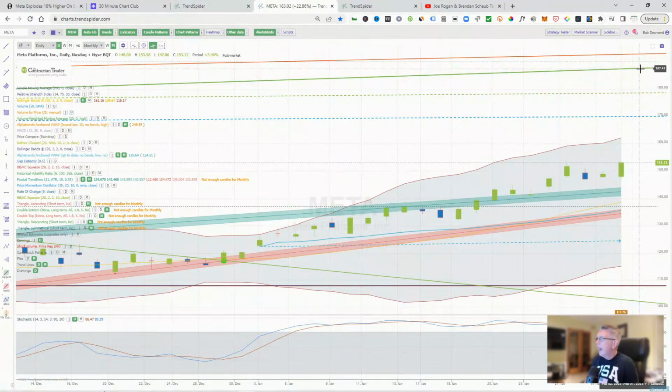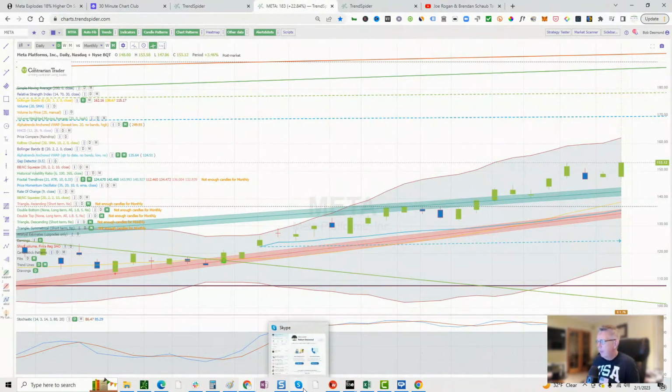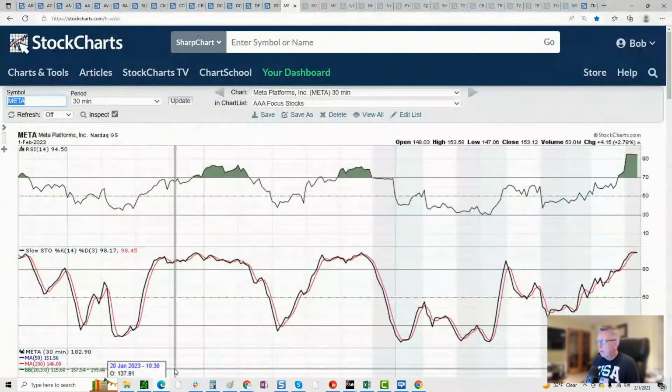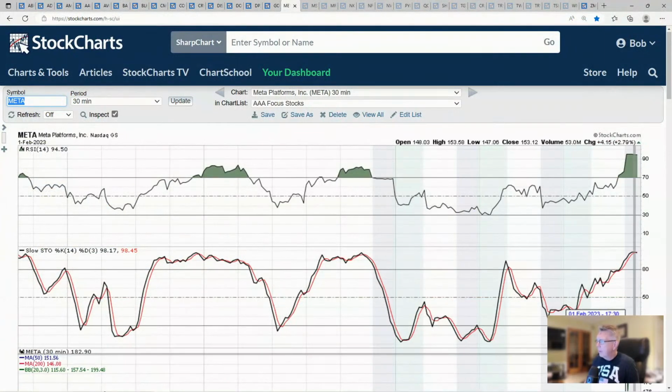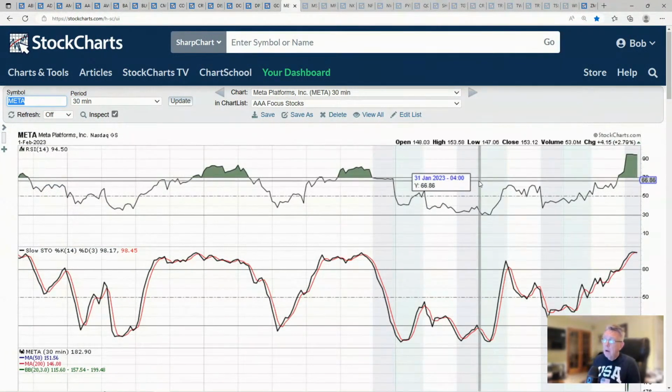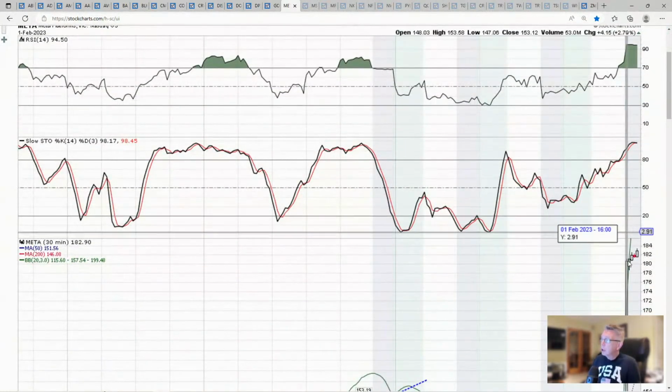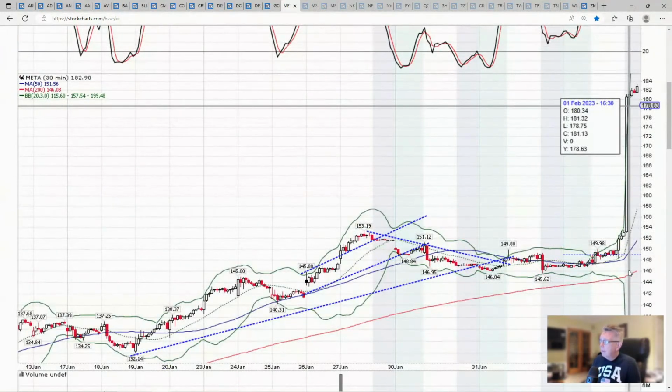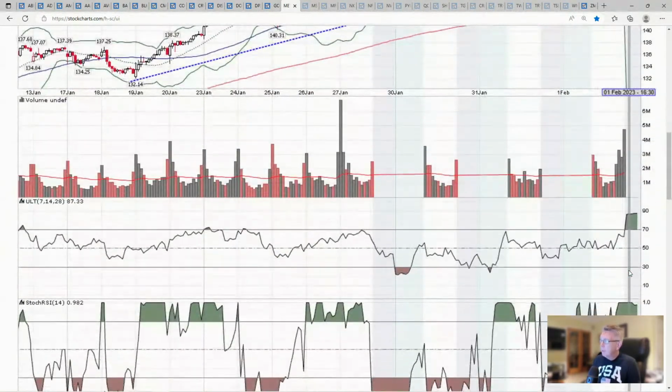No, it's actually 187.42. So if we see tomorrow that we hit 187 with RSI 95 or higher, we're going to be looking to short Meta for a pretty sizable pullback.